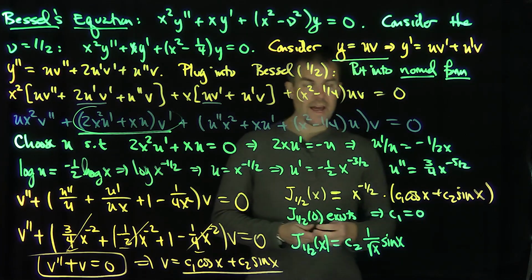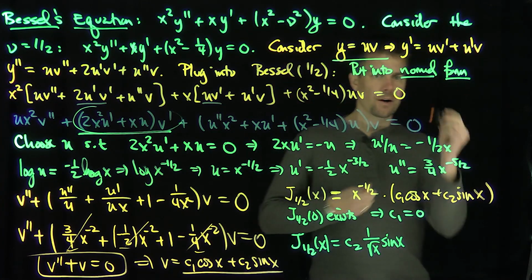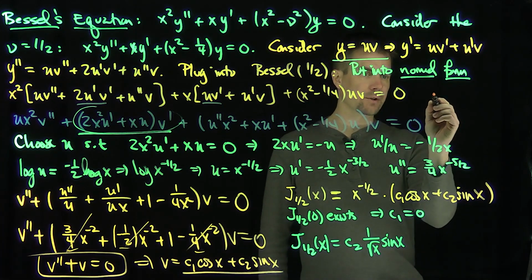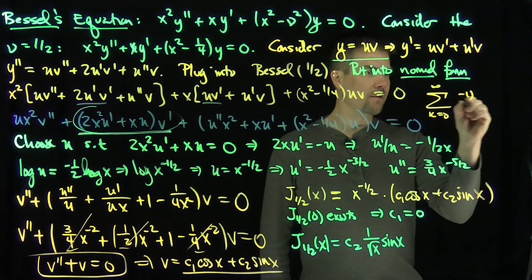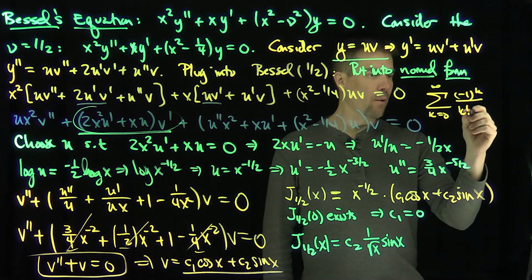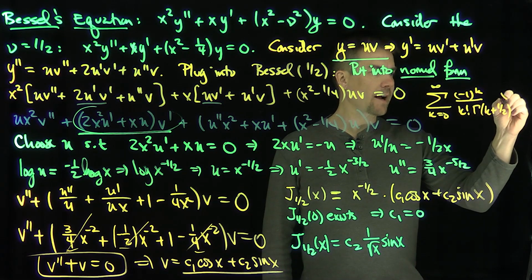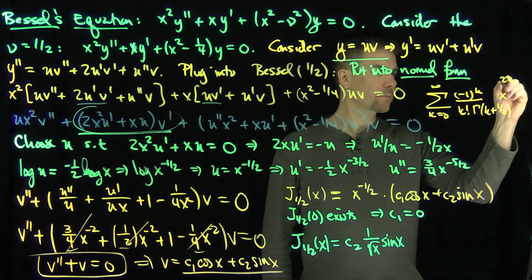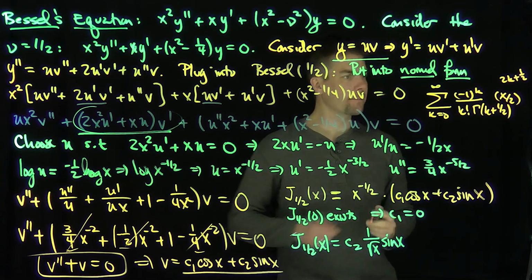And now what I can do is I can actually write down what the solution to this equation is over here. So the solution of the j1/2 by the Taylor series problem is going to be the sum, k goes from 0 to infinity, of negative 1 to the k over k factorial, and then a gamma of k plus 1/2 times x over 2 to the power 2k plus 1/2, right?